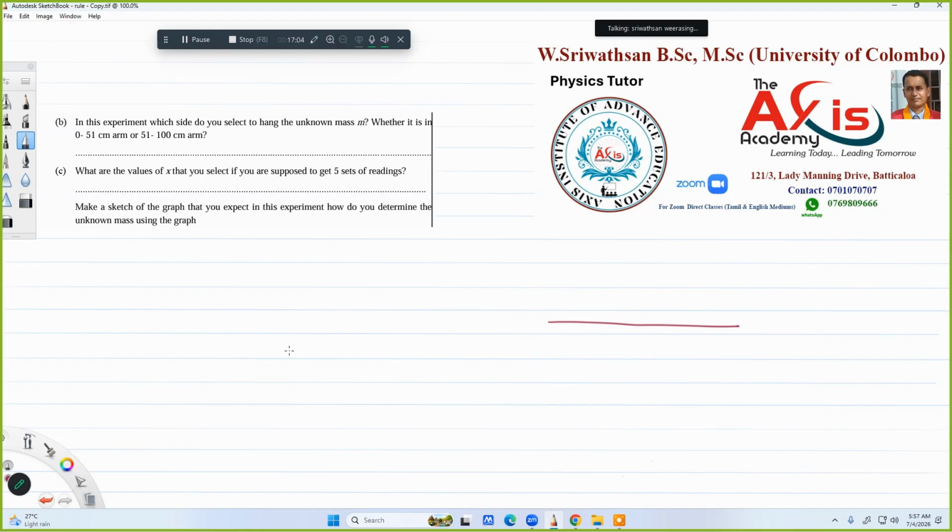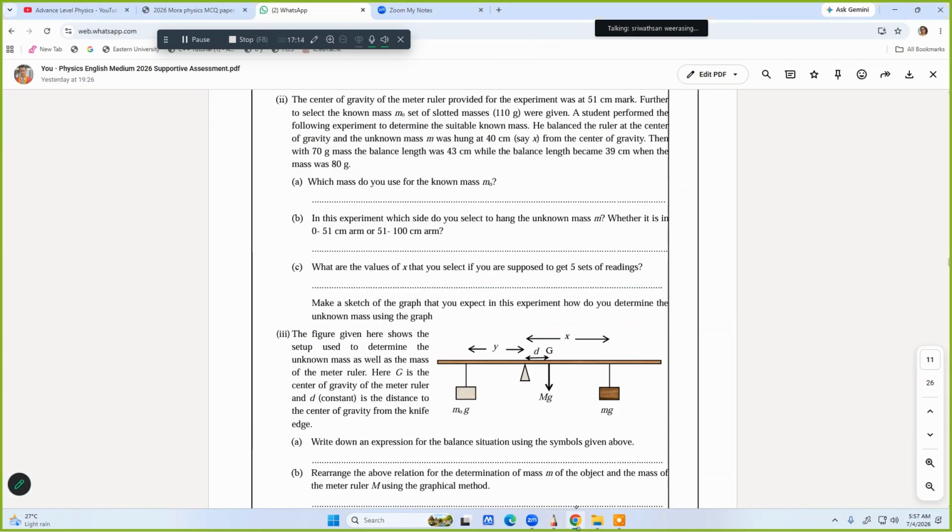Whether it is in the 0 to 51 range or 51 to 100 centimeter range. Look at that according to what is given here. For 80 gram known mass, the balance length was 46. The unknown mass M was hanged at 40 centimeter.